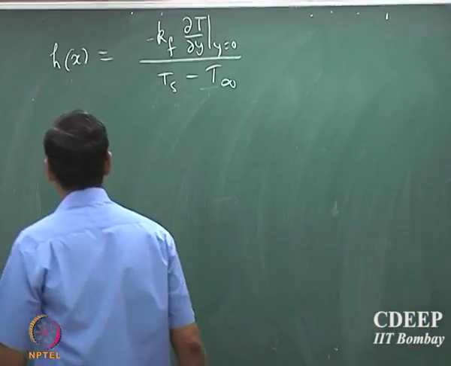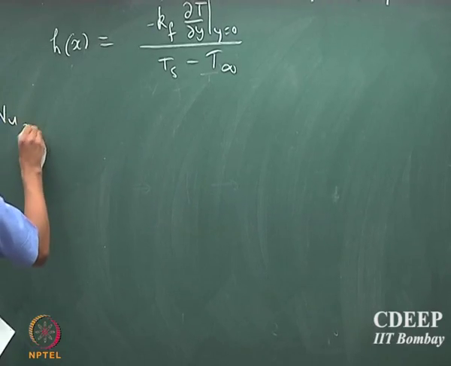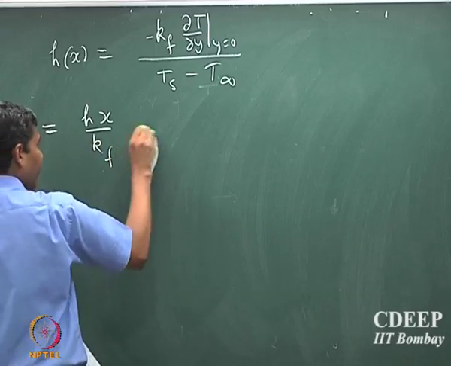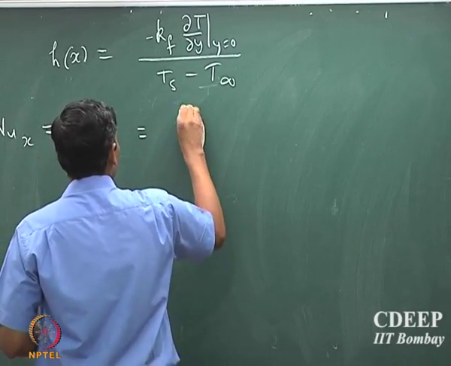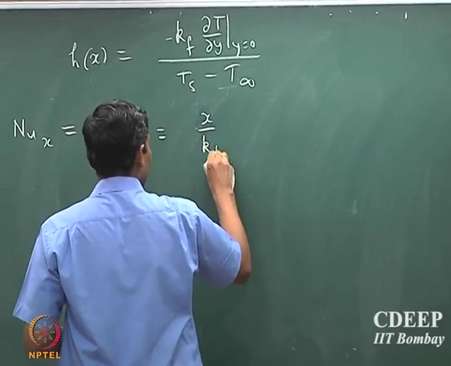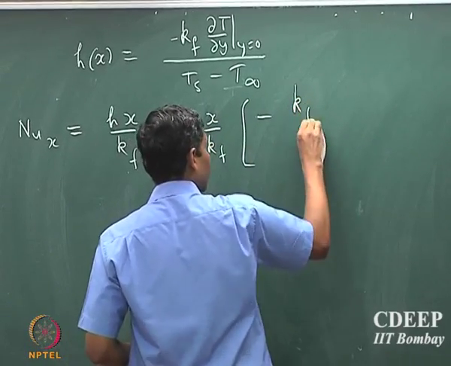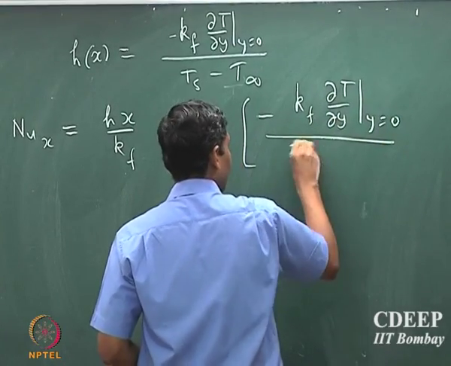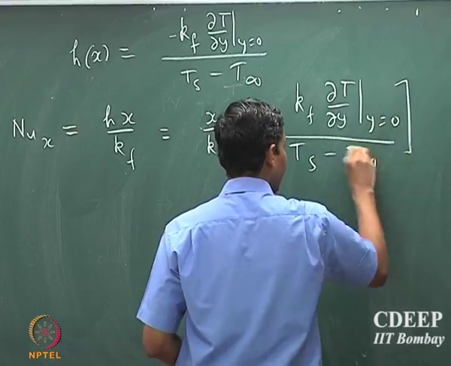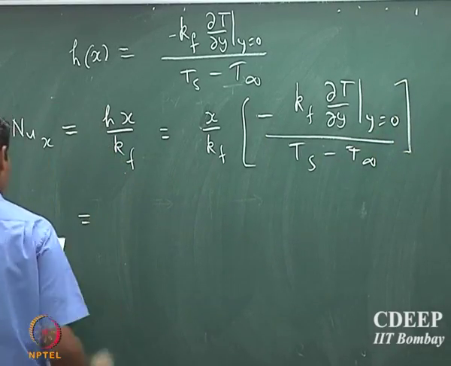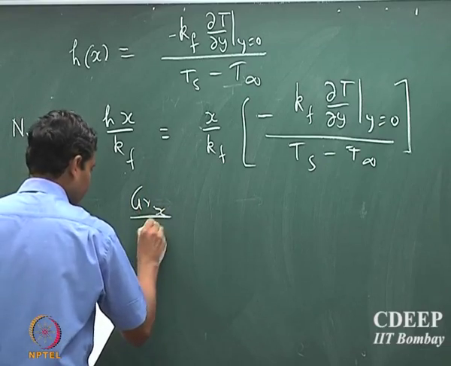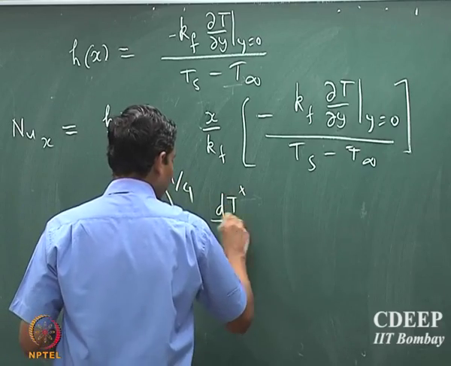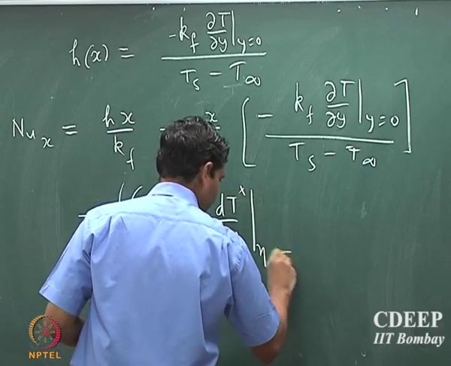Using this definition, we can define the local Nusselt number as x by kf into minus dT by dy divided by Ts minus T infinity. In terms of the dimensionless quantities, this will turn out to be Grashof number by 4 to the power of 1 by 4 into minus dt star by d eta at eta equal to 0.